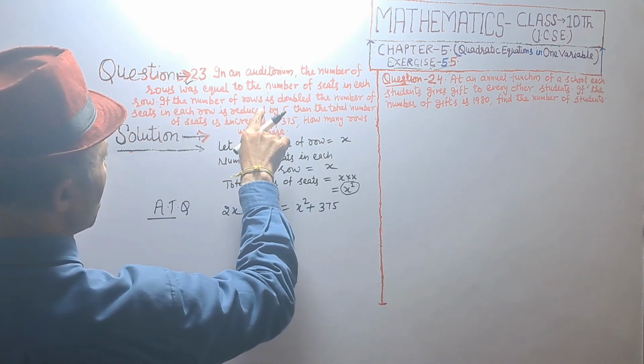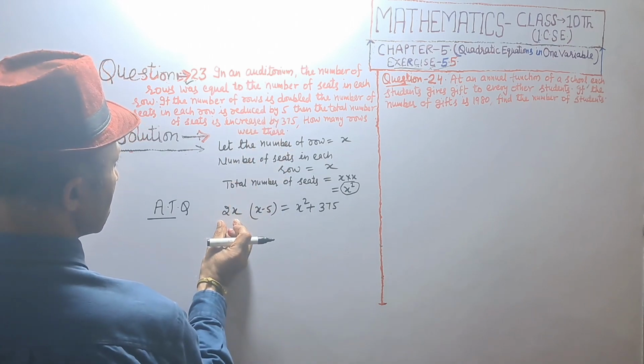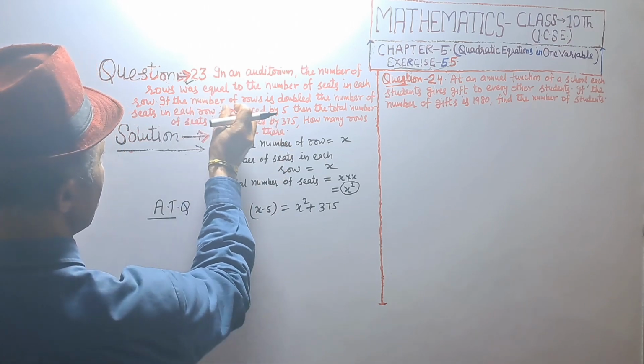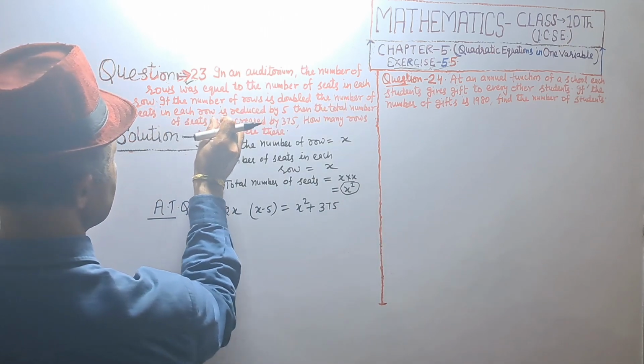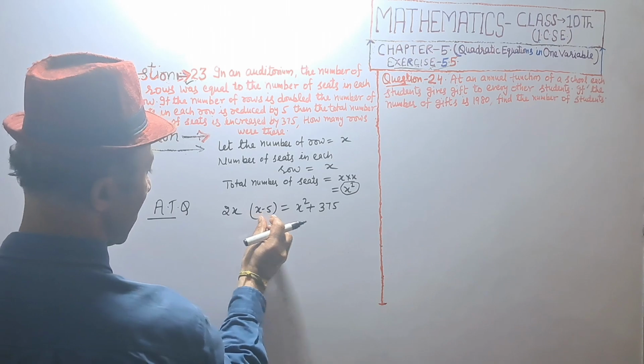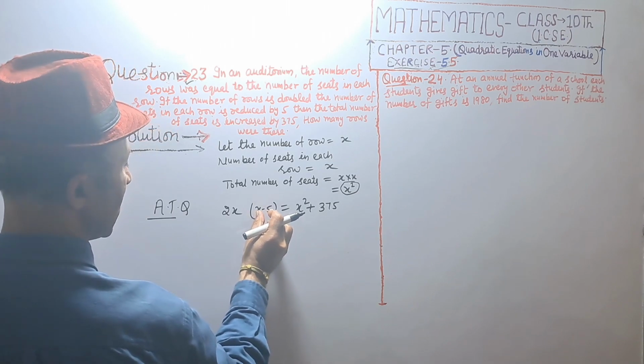According to the question, if the number of rows is doubled, the number of seats in each row is reduced, means minus, x minus 5.